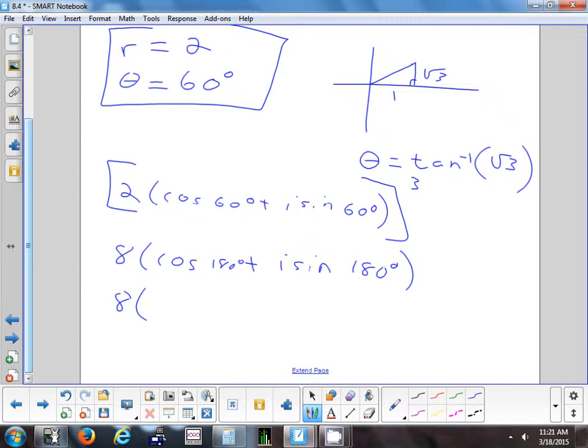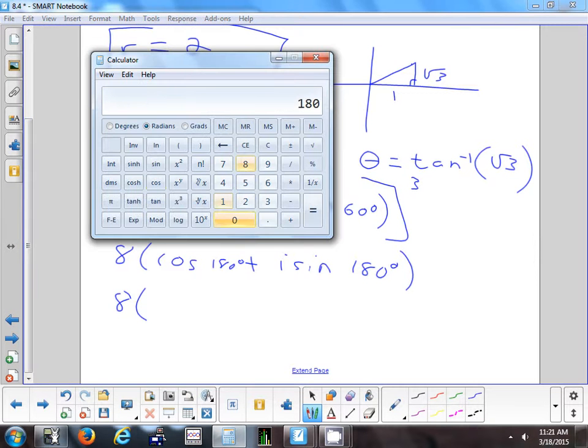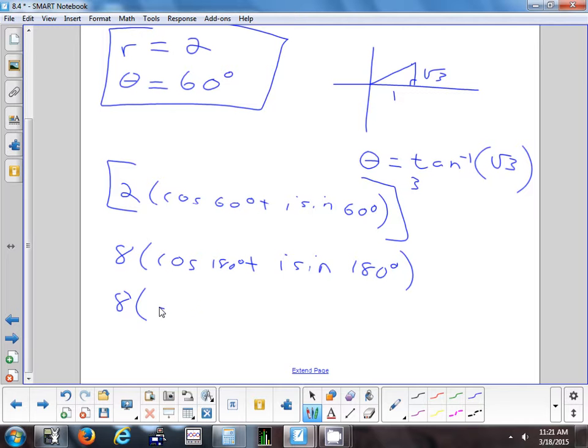Quadrantal angles give you answers that are like 1s, 0s, and -1s. So we're going to get a nice answer. Cosine of 180, let's do it in degrees, is -1. Sine of 180 is 0. Well, in this case, i times 0, the imaginary part disappears.